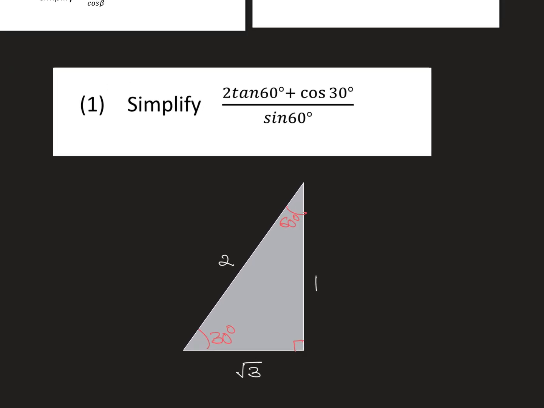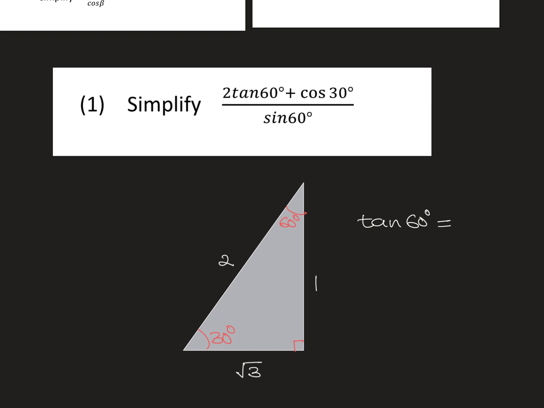In the question, we have tan 60 degrees. What is that? When we are taking reference to the 60 degrees, this side will be the opposite, this side will be the hypotenuse, and this side will be the adjacent. So tan 60 is opposite divided by adjacent. The opposite is root 3, the adjacent is 1.